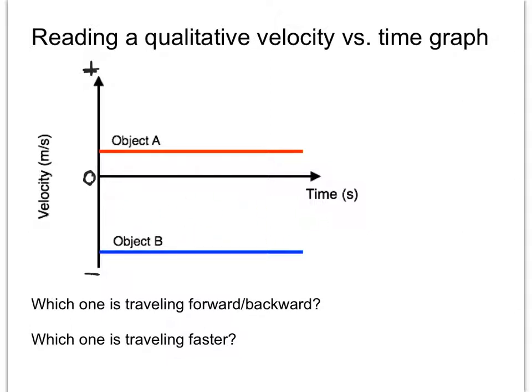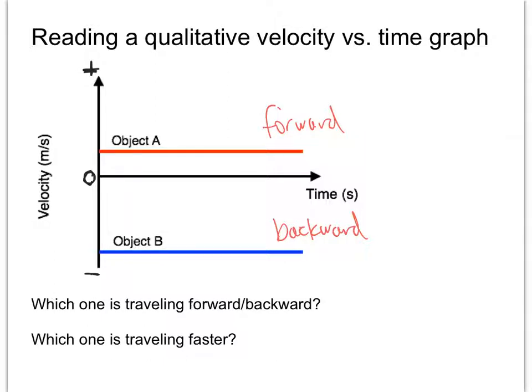Based on that and what we know about velocity, we should be able to tell that object A is moving forward and object B is moving backward. So now that we've got direction out of the way, we need to figure out which object is moving faster.